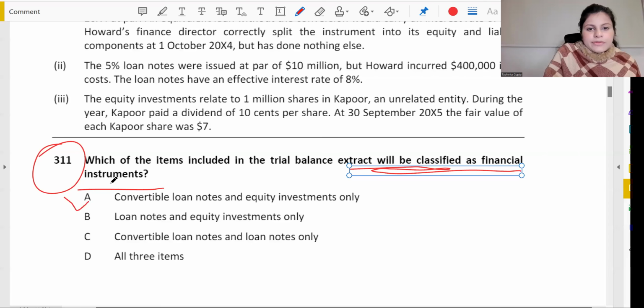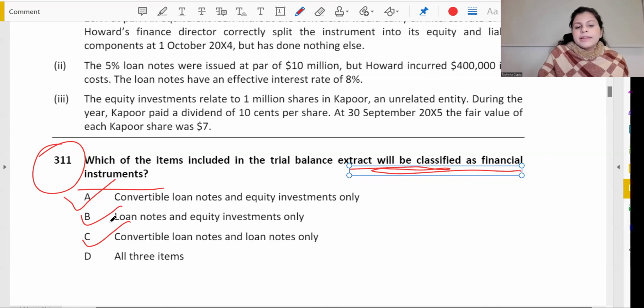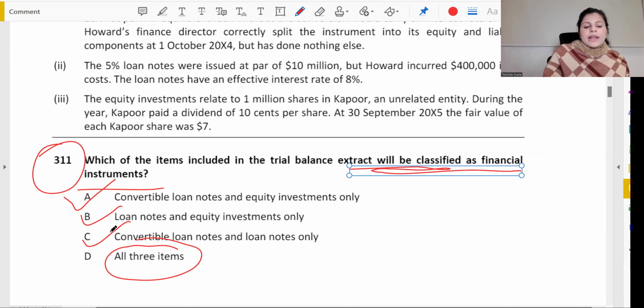Yes. Loan note and equity investments, are they financial instruments? Yes. Convertible loan note and debentures, are they financial instruments? Yes. So all the three items are financial instruments. So my answer is option D.